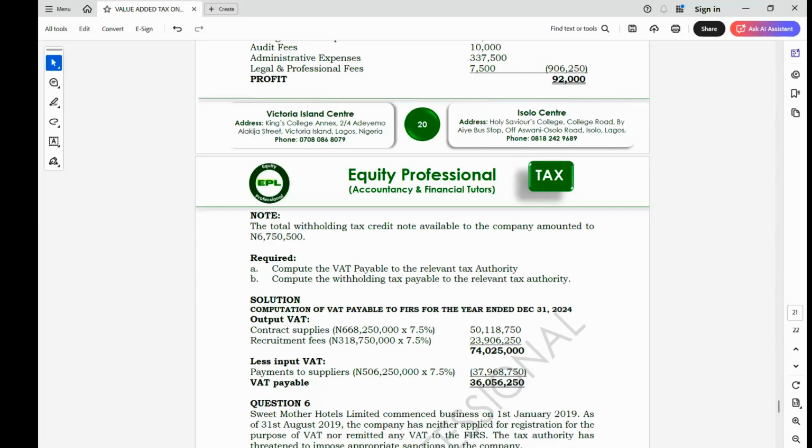At this stage of inventory, we are not calculating VAT yet. We are just converting from inclusive to exclusive. So it is when you are calculating VAT that you apply 7.5 divided by 107.5.